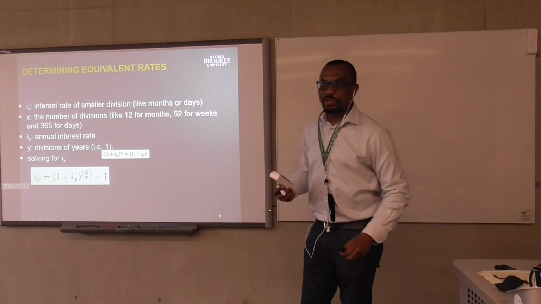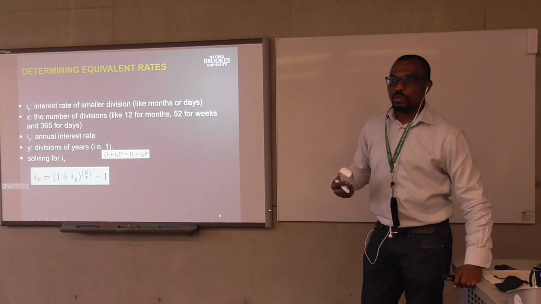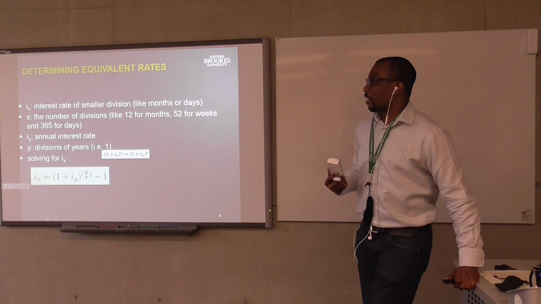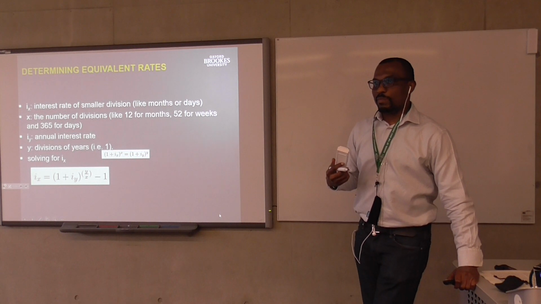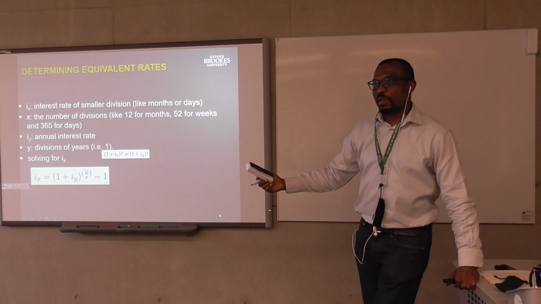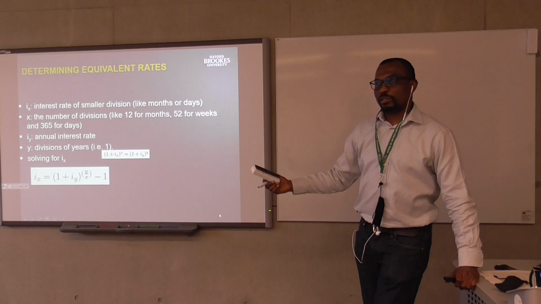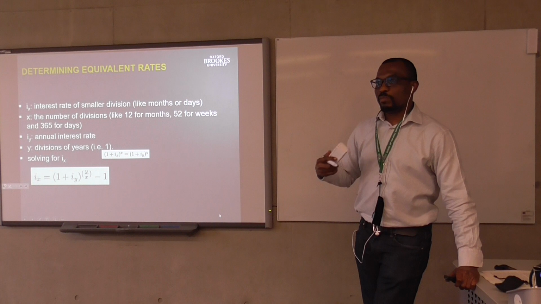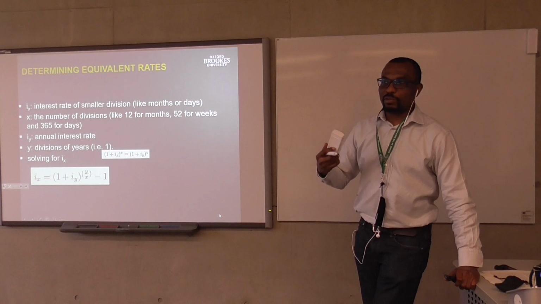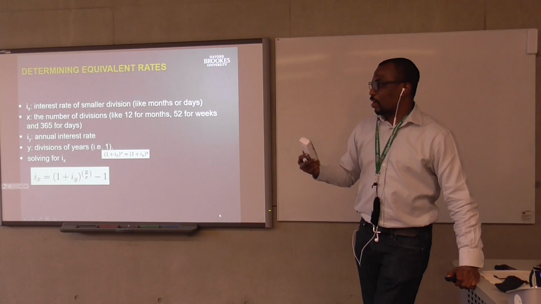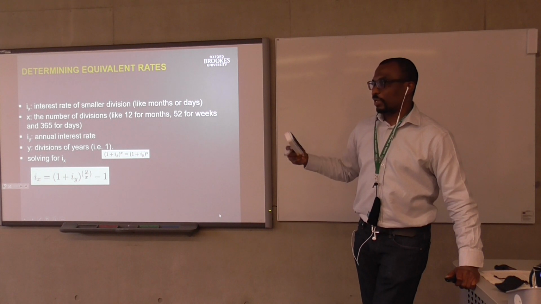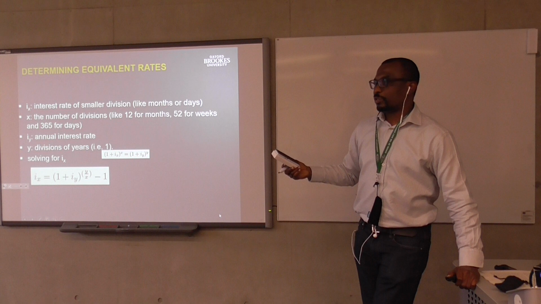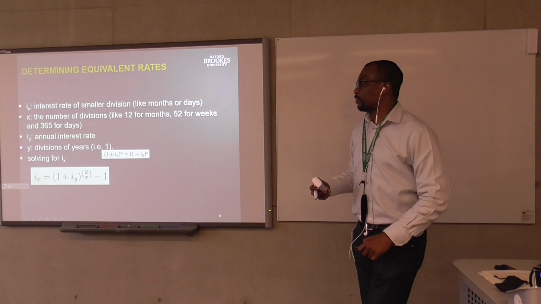What we're trying to do here is that if you took a loan from a bank, right, and the loan was 10% or 5%, rather than wait for the full year, you want to be able to pay on a weekly basis or on a monthly basis. You want to know what sort of interest rate that will come up to, because you wouldn't get to pay the full interest rate.